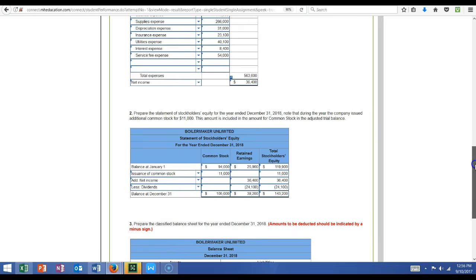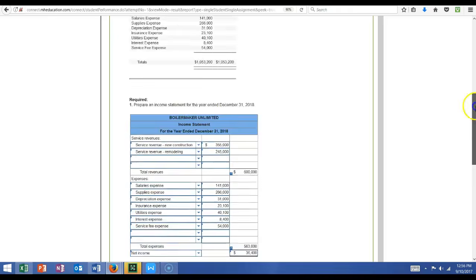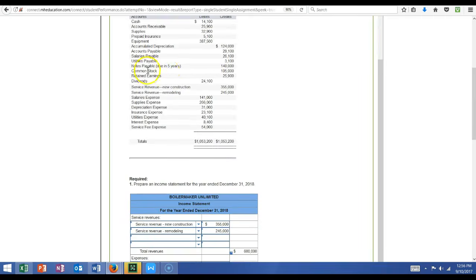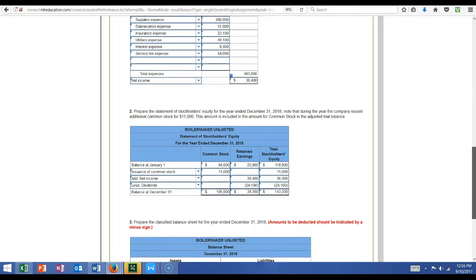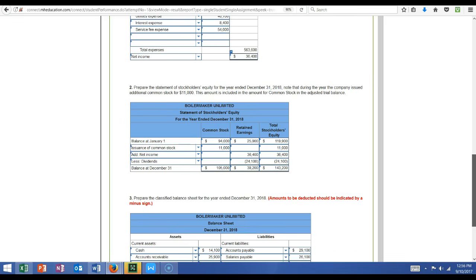Where they're trying to challenge you a little is you see here common stock of 105. Normally common stock doesn't change from the beginning of the year to the end of the year. They're telling us, prepare the statement of stockholders' equity for the year.